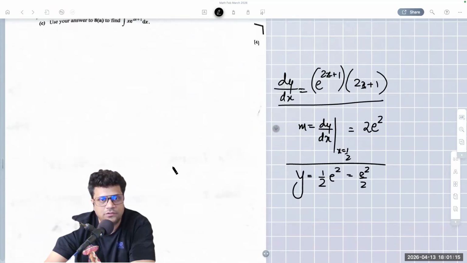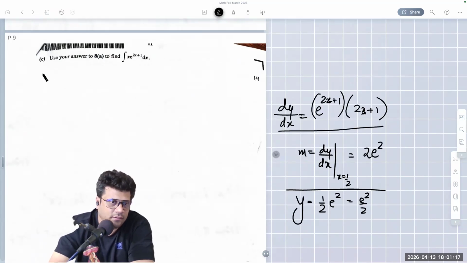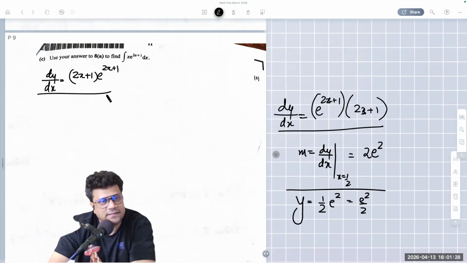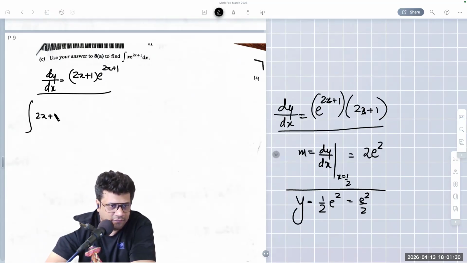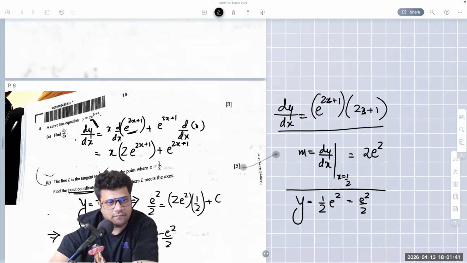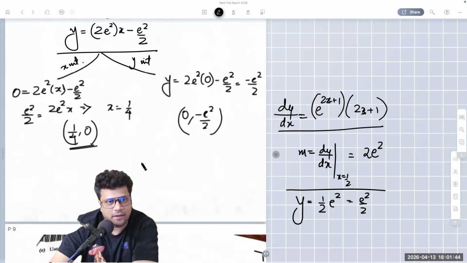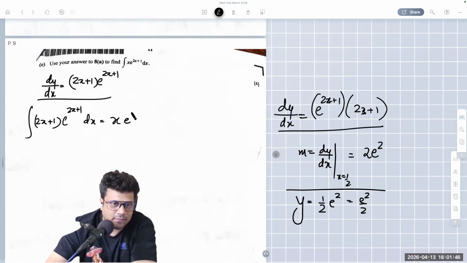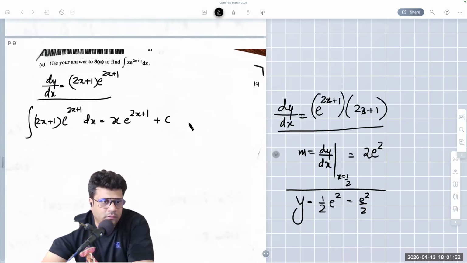I know that the derivative of y was (2x plus 1) into e to the power of 2x plus 1, which means the integral of that derivative should be equal to y, the expression here: x e to the power of 2x plus 1, plus a c.